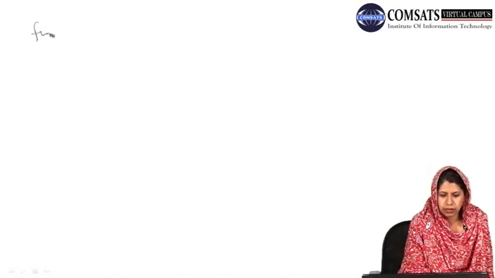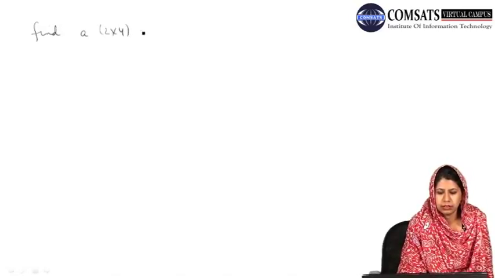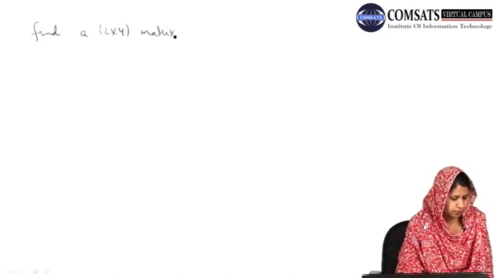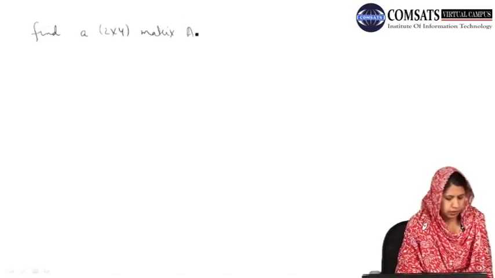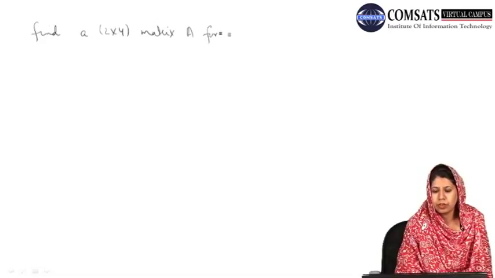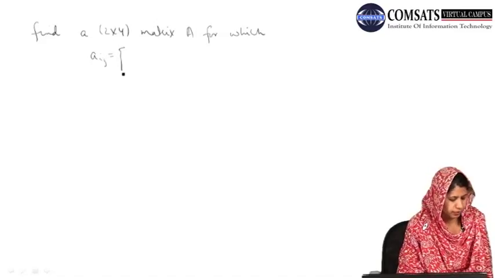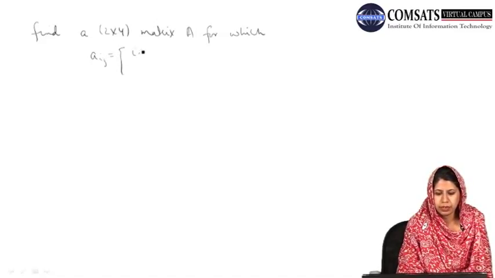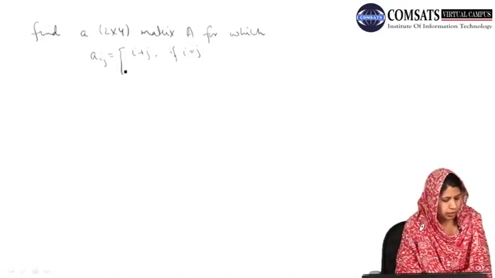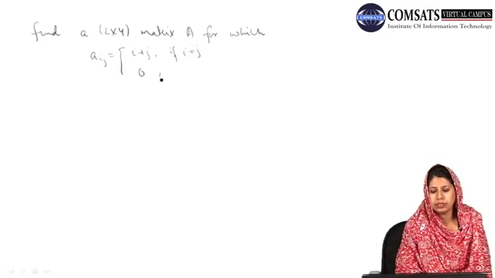For example, we are asked to find a 2 by 4 matrix A, for which the formula for the entries is given as Aij is i plus j whenever i and j are the same, that is the diagonal entries, and 0 otherwise.